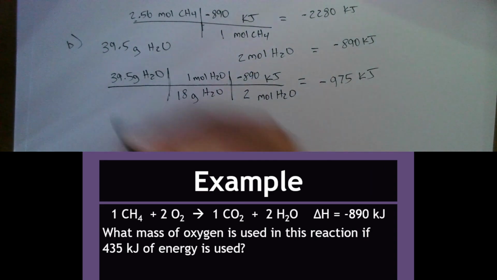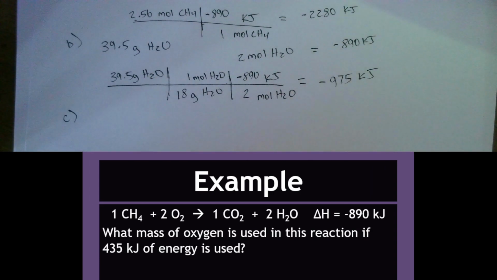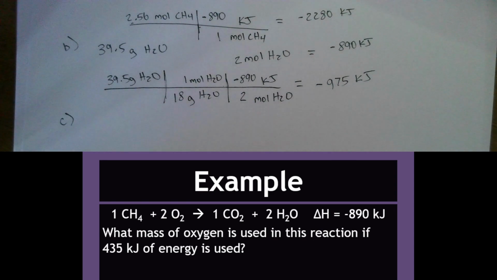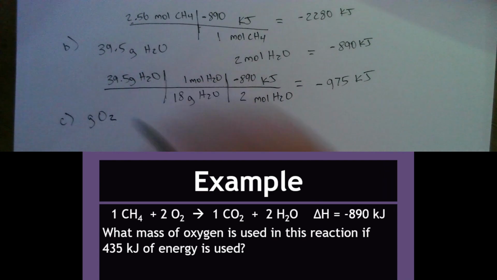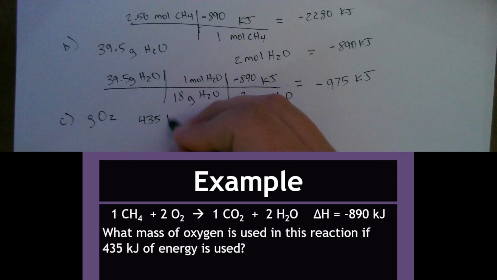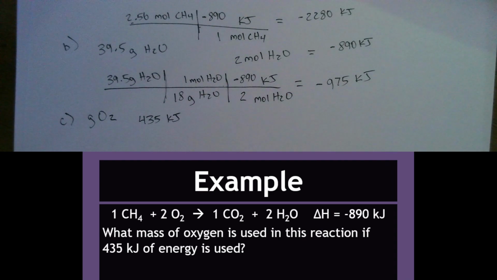Last, we have part C. It's going to be very related, except I'm looking for mass of oxygen, so I'm looking for grams of oxygen. This time it's telling me I use 435 kilojoules.